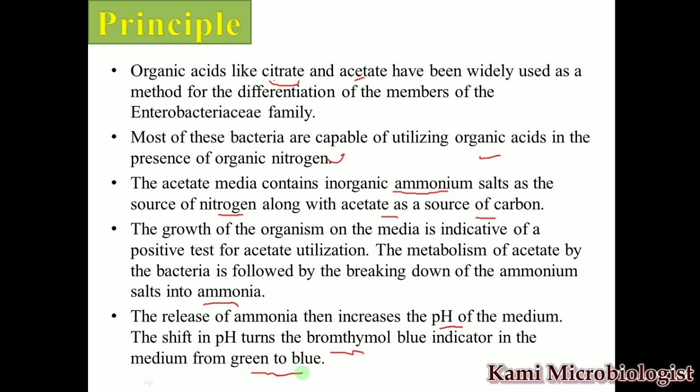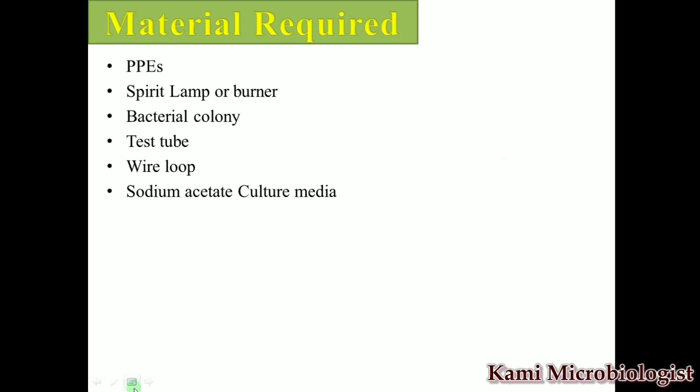This is the principle. Next we have the materials that are required to perform the test. So we need PPEs, that is the personal protective equipment. In this case we need goggles, gloves, shoe covers, and overalls.